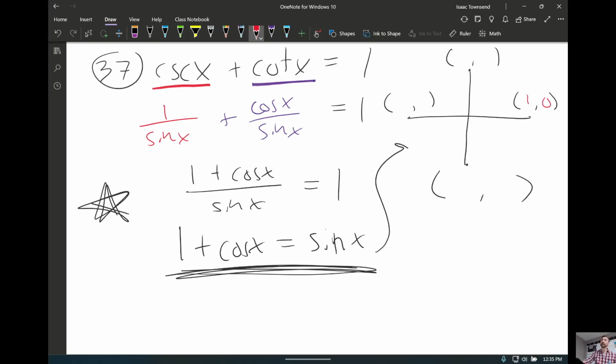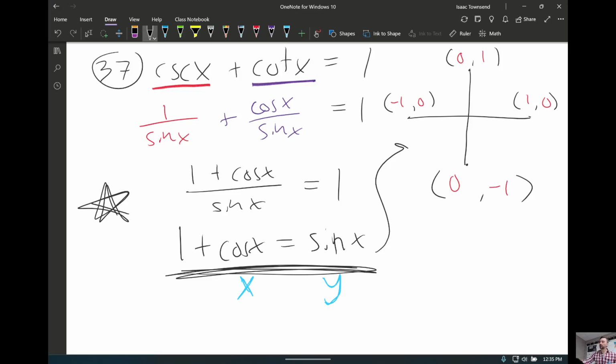At 0, sine and cosine are 1 apart. At pi over 2, sine and cosine are 1 apart. At pi, and at 3 pi over 2. They're both 1 apart. So I would ask myself, if I add 1 to cosine, which is the x value, does it equal sine, the y value? If it does, it might be a solution.